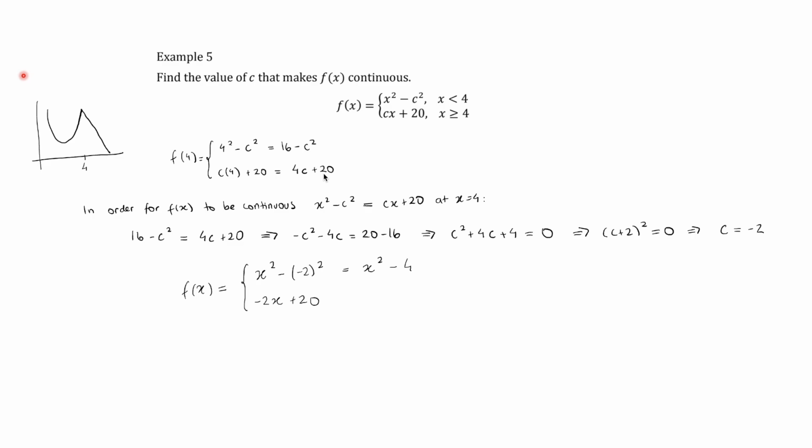So putting this all together, f of x needs to be equal to x squared minus 4 for x less than 4, and it needs to be equal to -2x plus 20 for x greater than or equal to 4. And I would encourage you to graph this.